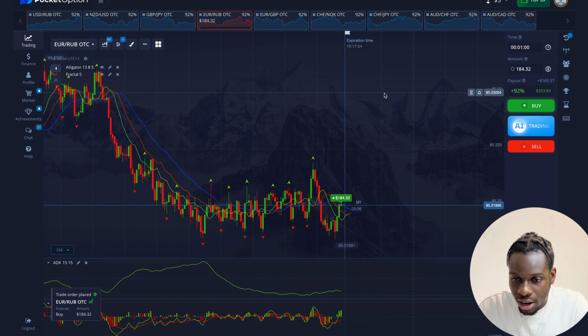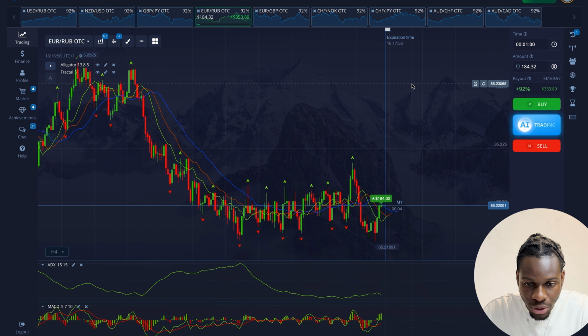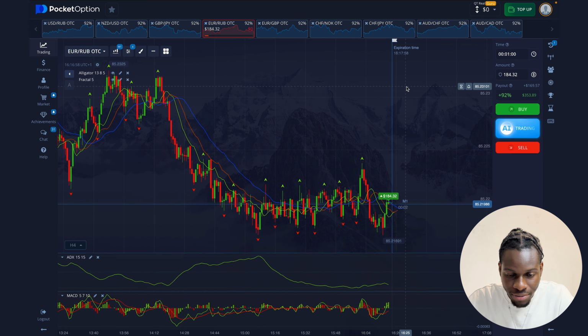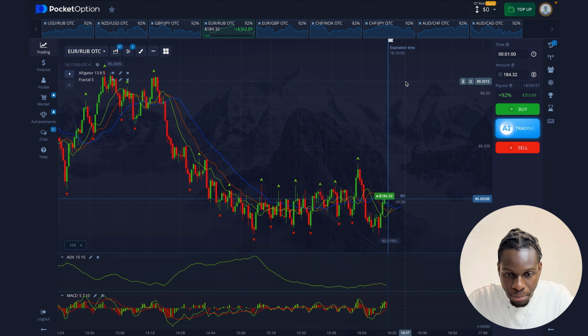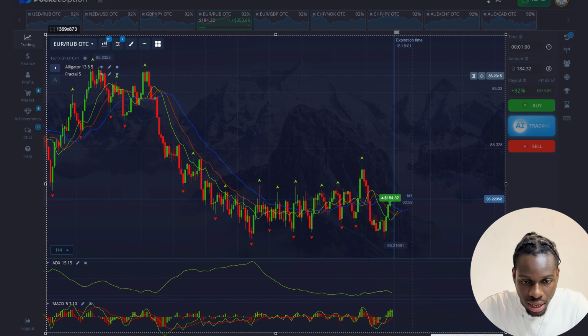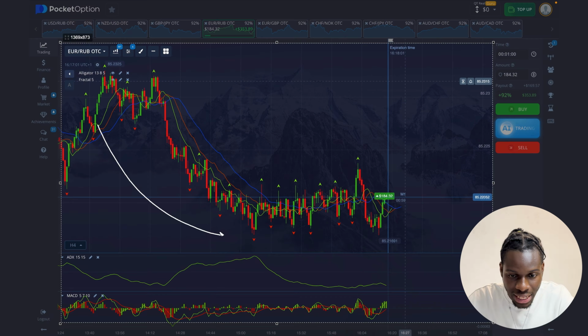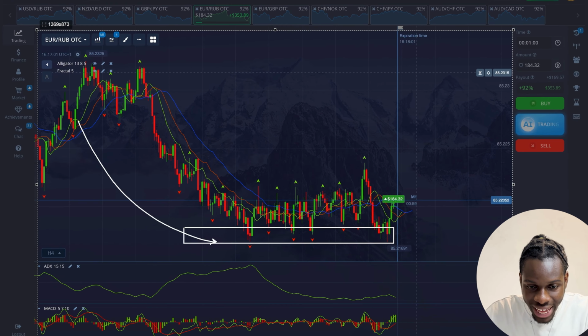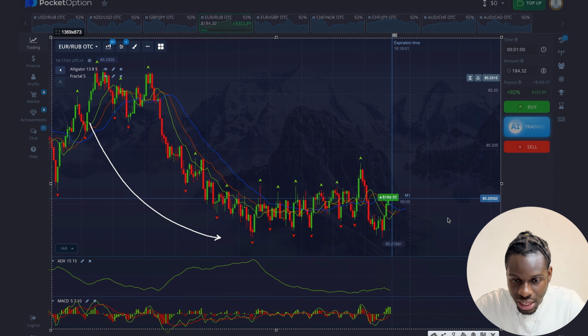Okay, guys, so we have our next entry, and here we took a buy. This is actually a very good entry point. Right now, the market is in flat momentum, but before that, we could see a downward trend, and we could see a strong support area. It's been consistently touched.